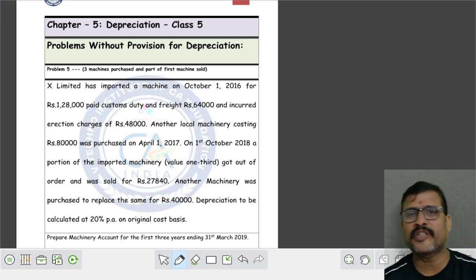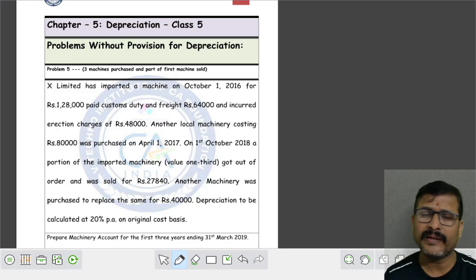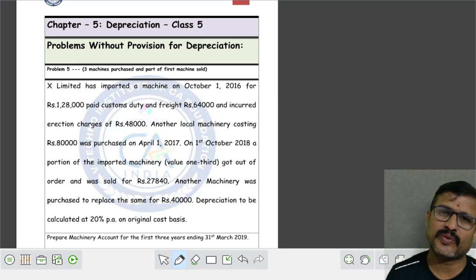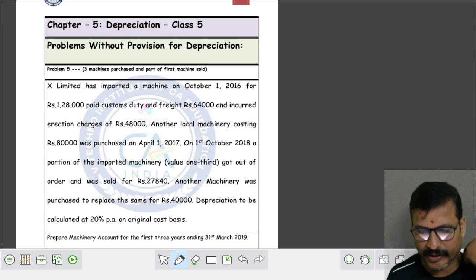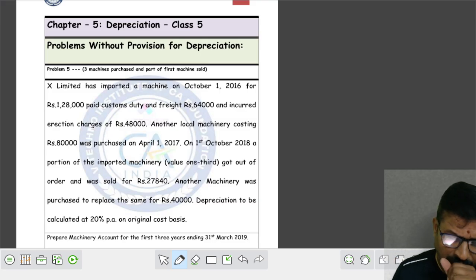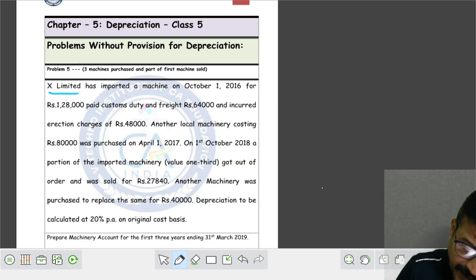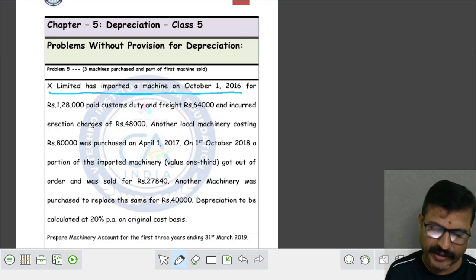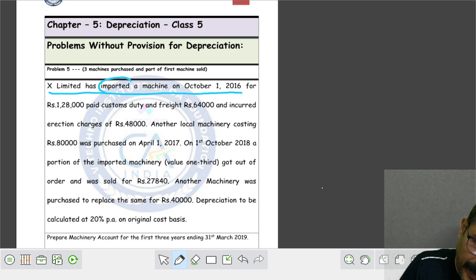The speciality of this problem is that here part of the machine is being sold. What? Part of the machine. See here, X Limited had imported a machine in October 2016. Imported means purchase. What did they purchase?